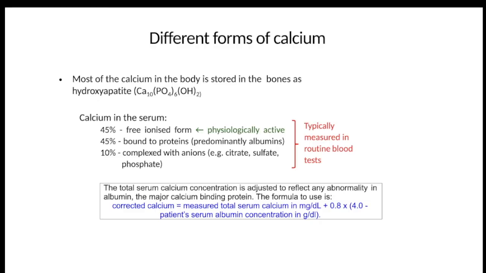Therefore, the total serum calcium concentration is adjusted to reflect any abnormalities in albumin, which is the major calcium binding protein, and the formula used is measured total calcium plus 0.8 times 4 minus the patient's serum albumin, thus giving us a corrected calcium. The other 10% is complexed with anions like citrate, sulfate, and phosphate, and this typically is measured as total calcium, the combination of all three, in the routine blood samples.